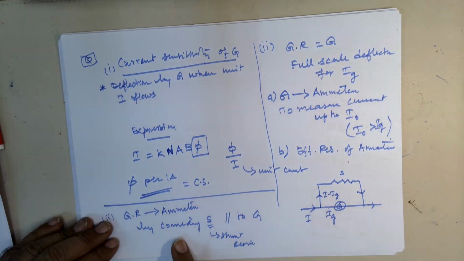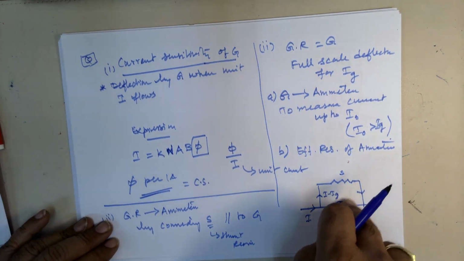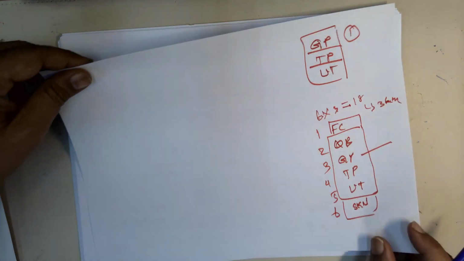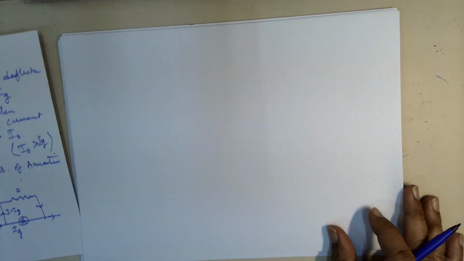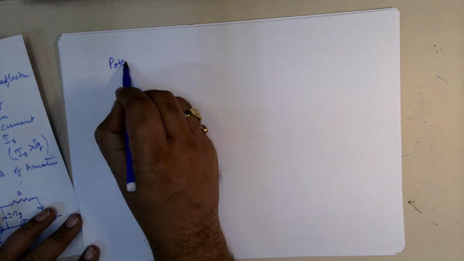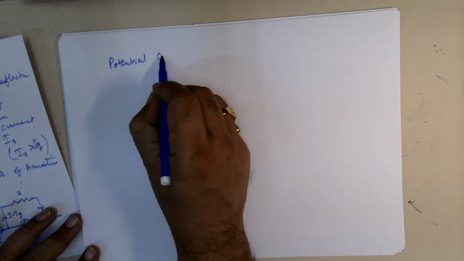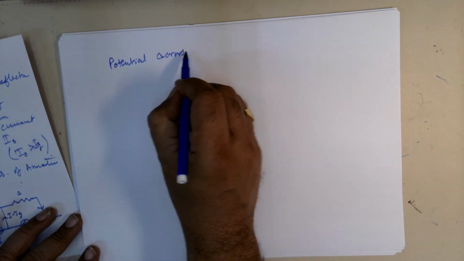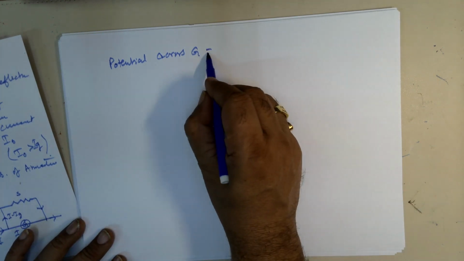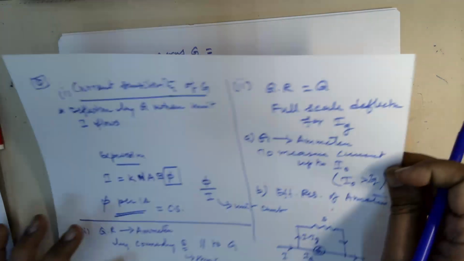Now, as the galvanometer is connected to the shunt, the potential across G is equal to the voltage, which remains the same.